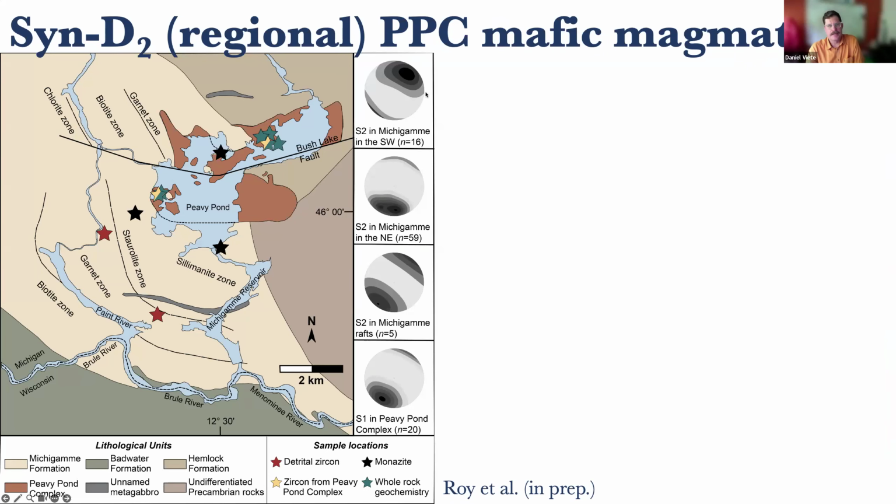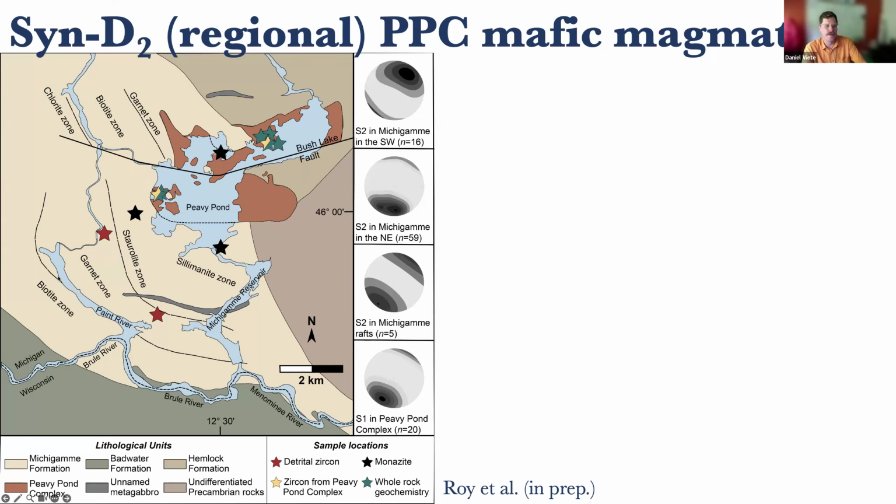As well as that, the PV pond complex structural mapping within the area has shown that it contains a fabric with similar orientation to the dominant fabric in the metamorphic package. So you can see these stereonets here show a consistent orientation or trend strike of the regional fabric.